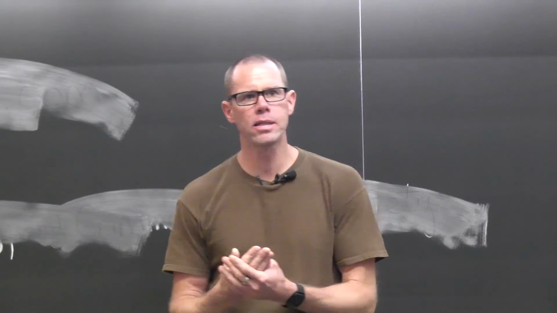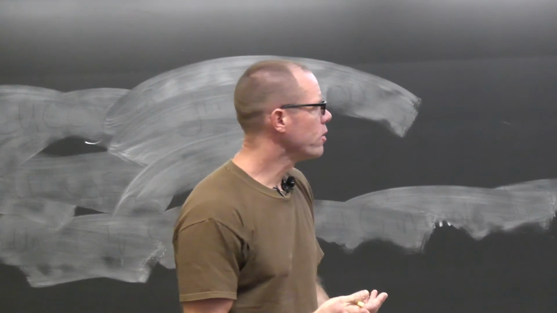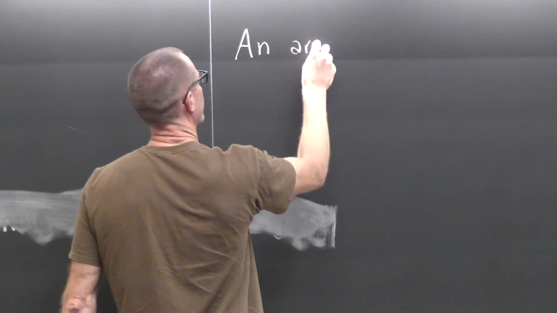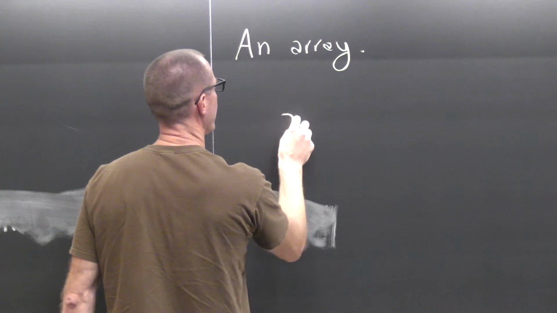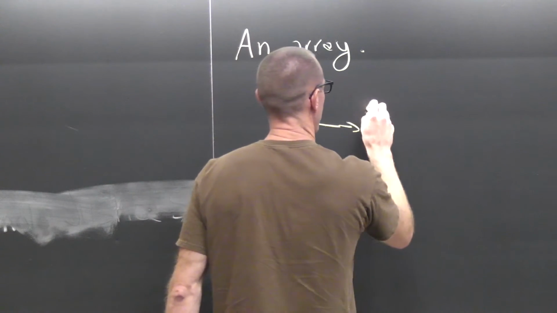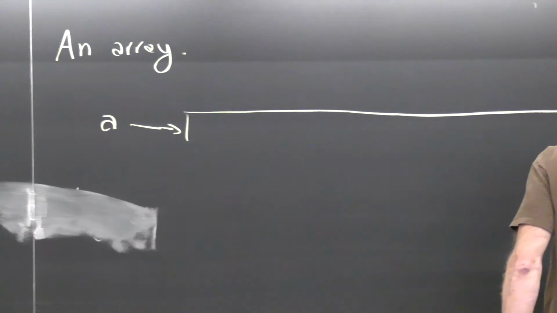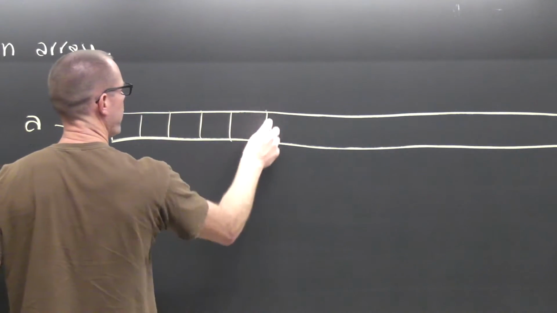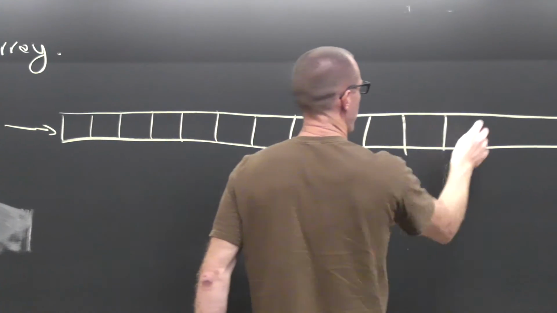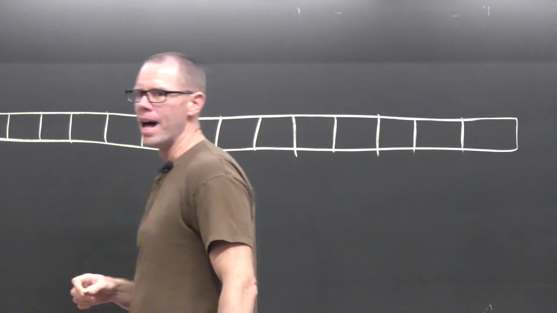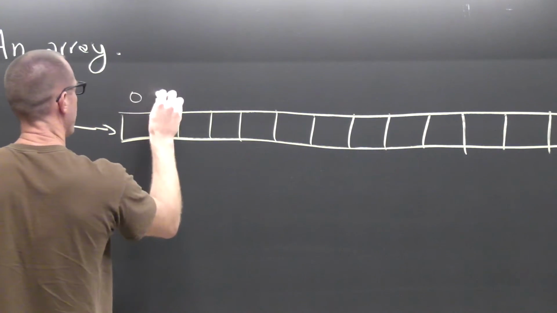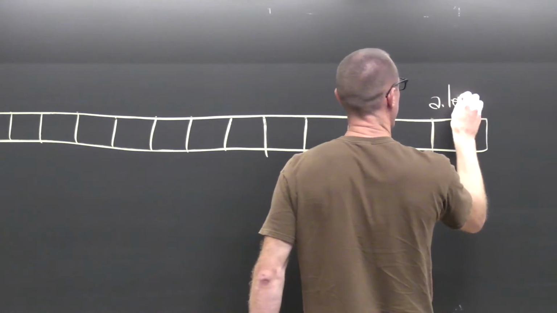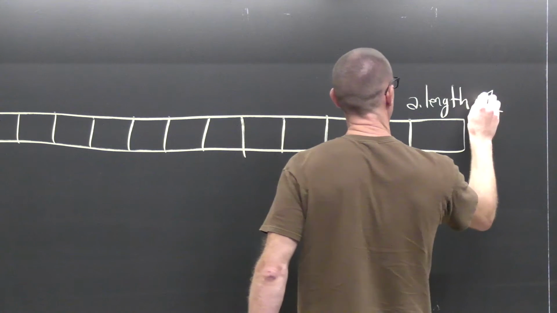So there's two things. We want to implement a list using an array. So the first thing we need is an array. And that thing is called a. So an array, remember, is a block of memory that's able to store a bunch of values indexed by positions 0 through a.length minus 1.